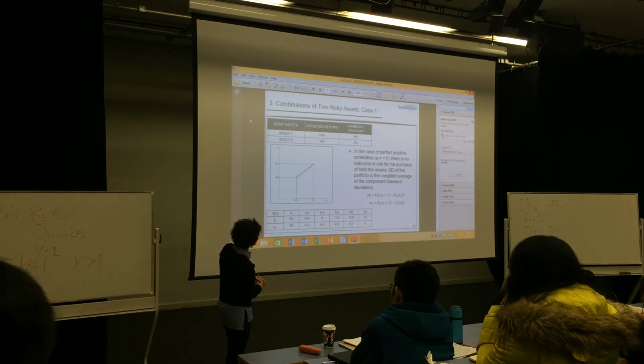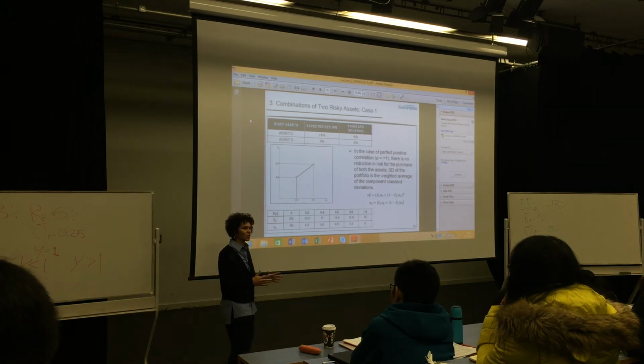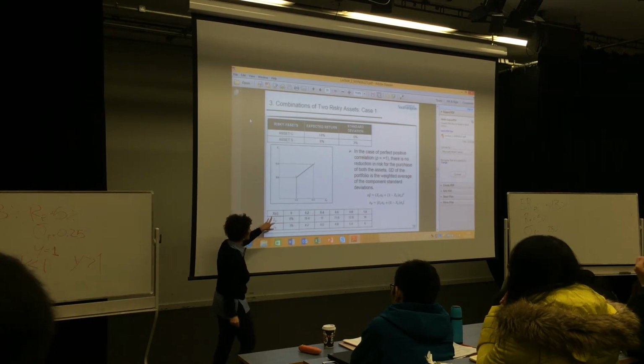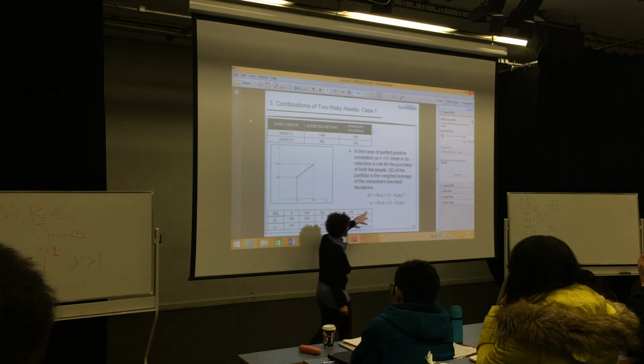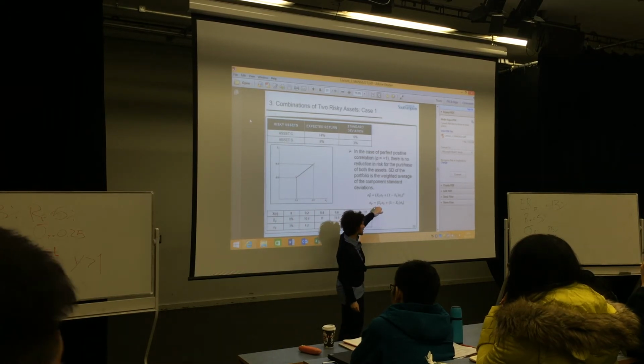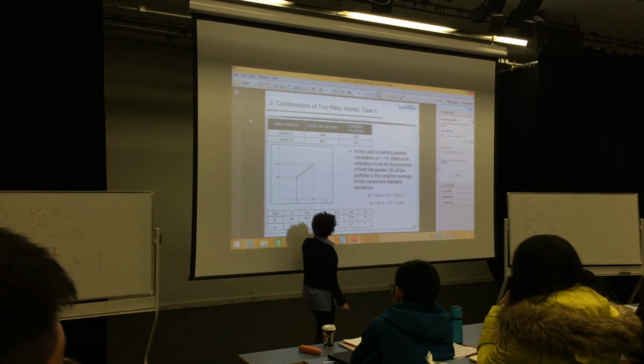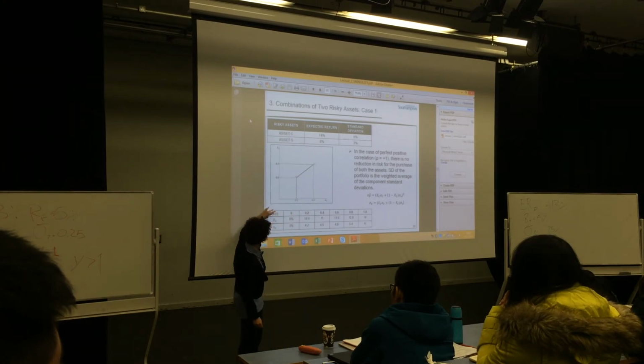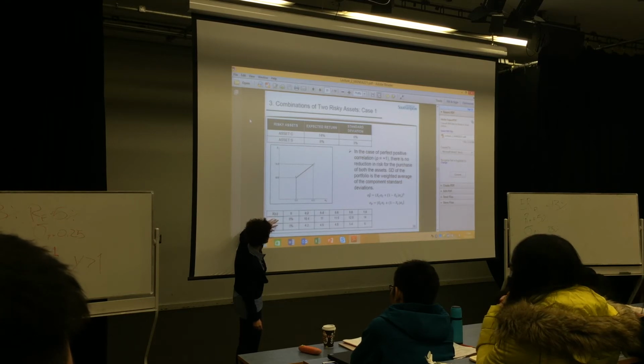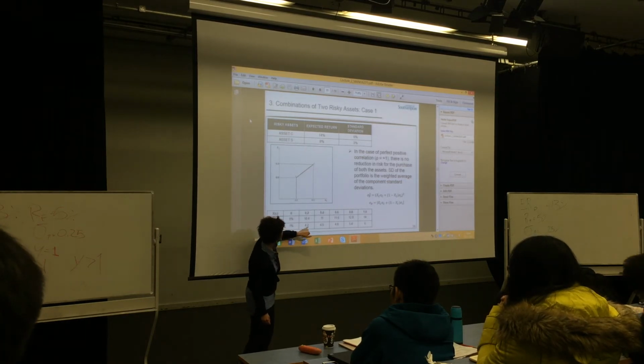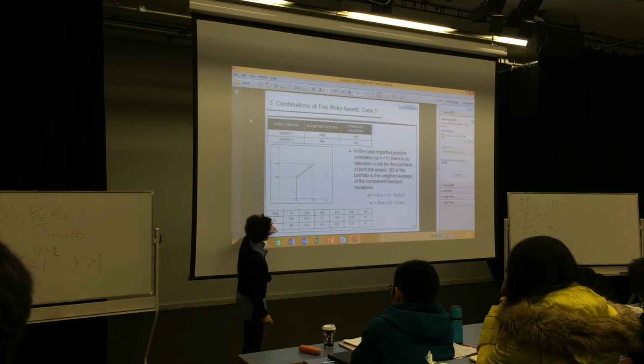So suppose that in this case we have perfect correlation. This means rho equal to 1. So if you change rho in this equation, what do you get? You get, as you can see, different standard deviations. Just substitute the numbers.